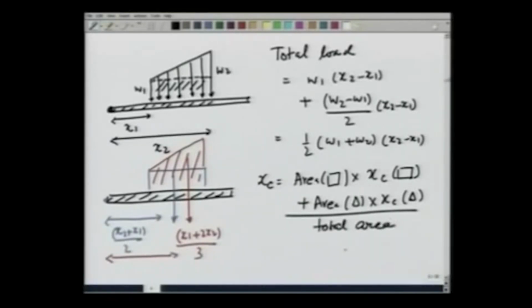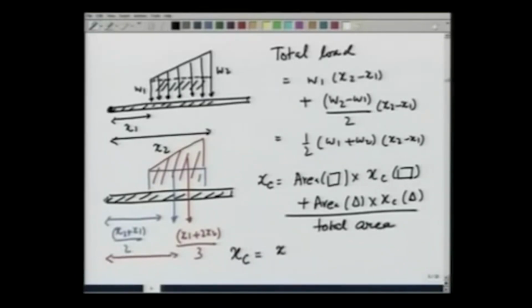The total area, which is the net force, we have already calculated. We also know the positions of the centroid of the rectangle and of the triangle, and we know the area for both, and therefore we can calculate xc.